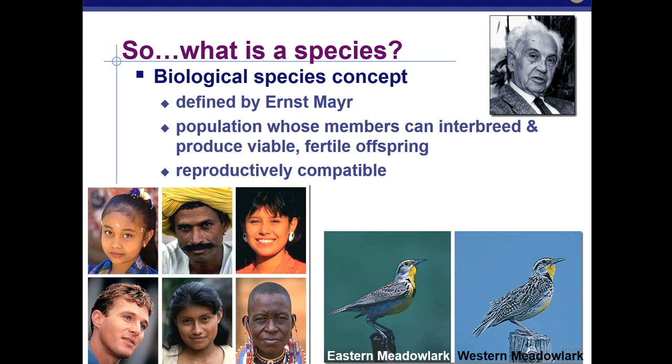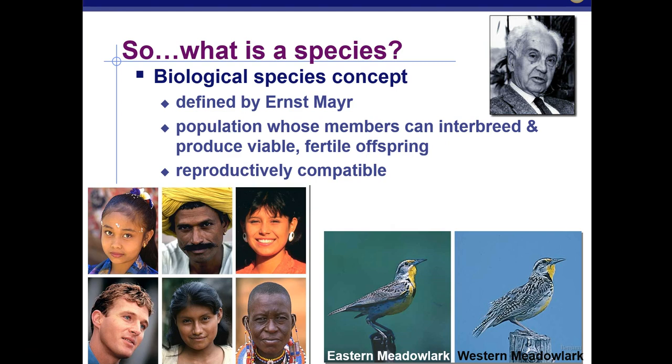So, for example, the eastern meadowlark is located on the eastern side of the United States. The western meadowlark is on the west side, and because you've got the whole United States in between them, these guys do not interbreed just because there's too much space.